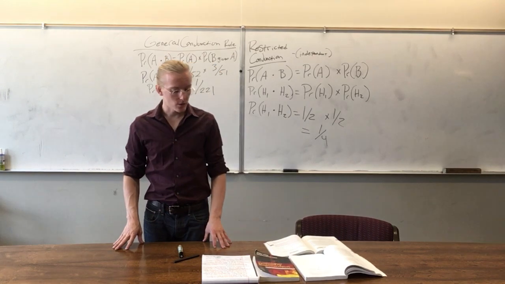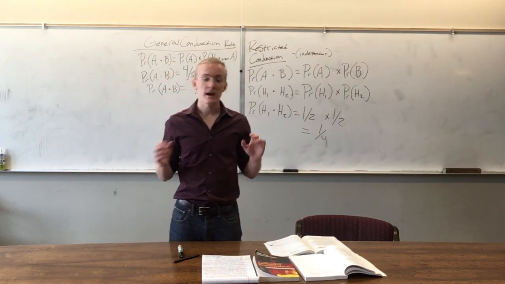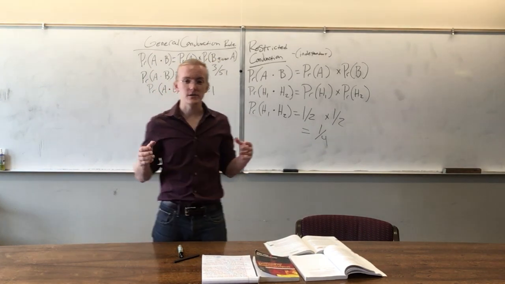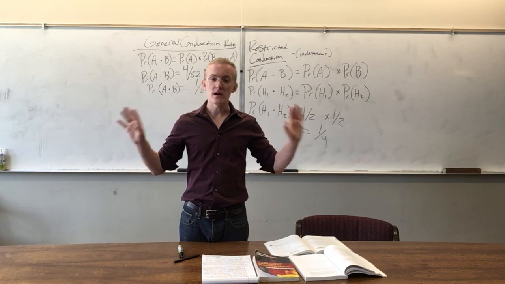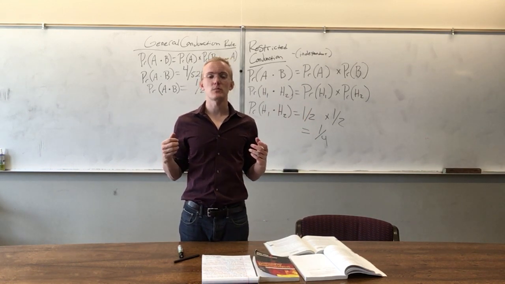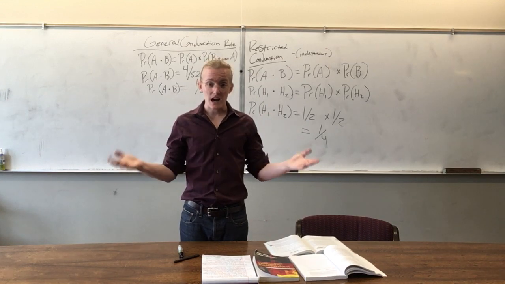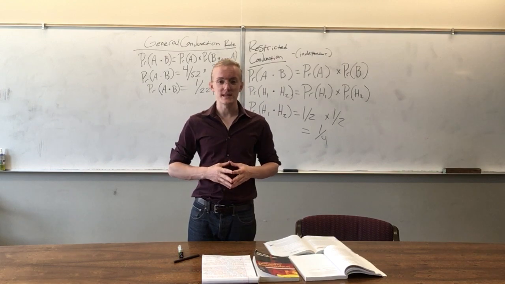For the next one, we're going to do something very similar. We're going to be talking about rules of disjunction. So in this lecture, what we talked about was how to combine probabilities together, say what's the probability of getting both of these events. In the next lecture, we're going to ask how do we determine the probability of getting either of these events. And that will be in video 14M.